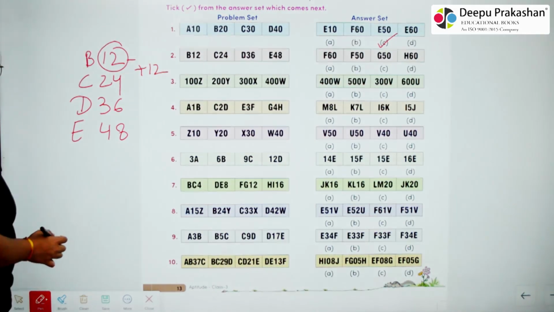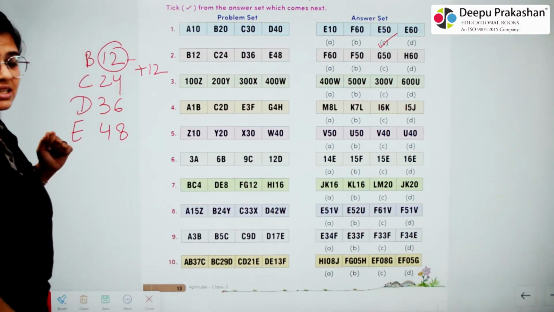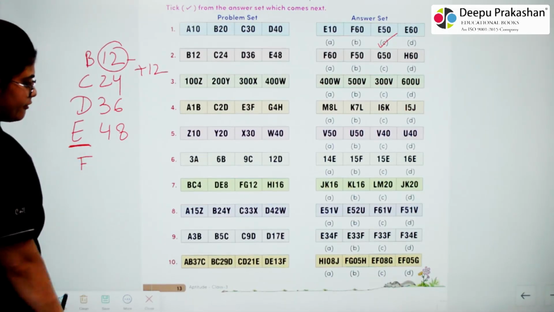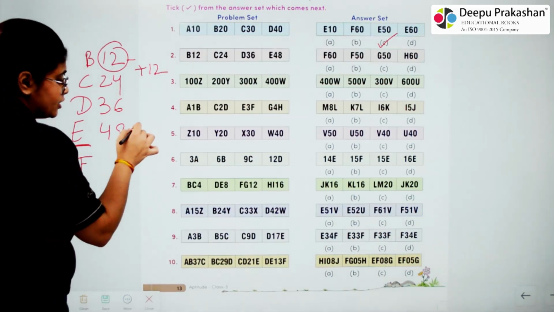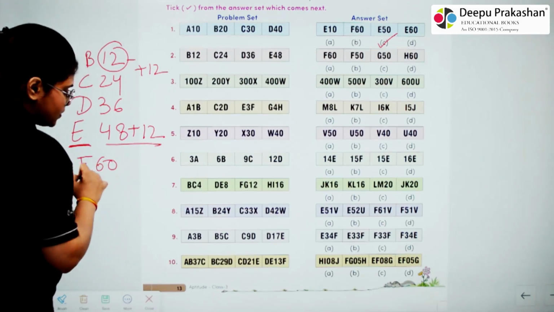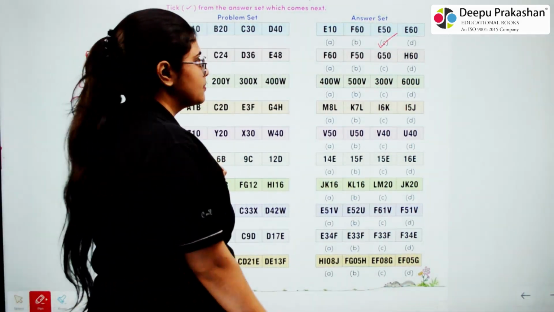To find the next answer, the letter that will come after E is F. And if we add 12 to 48, our answer will be 60. So the answer for this one is F60.